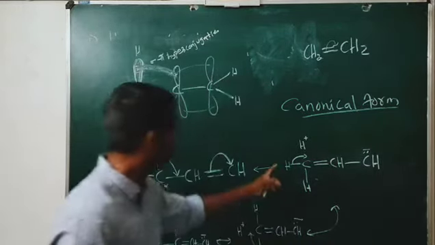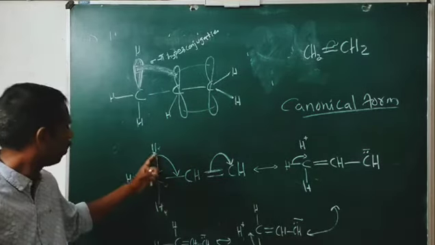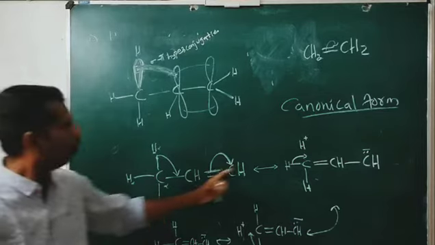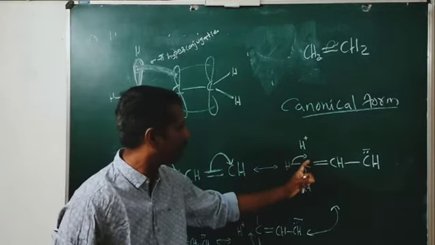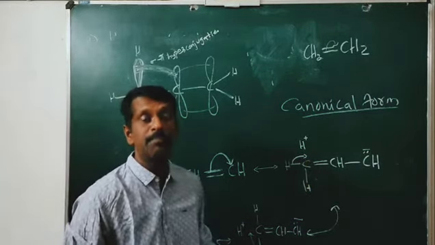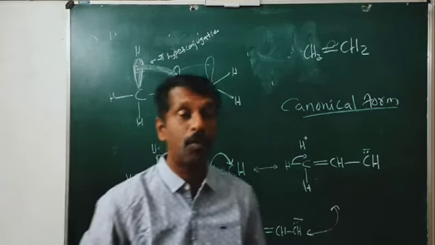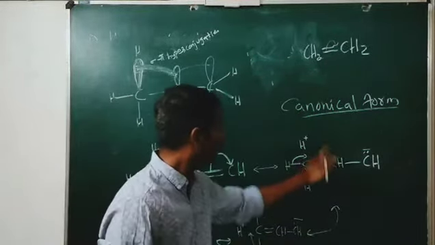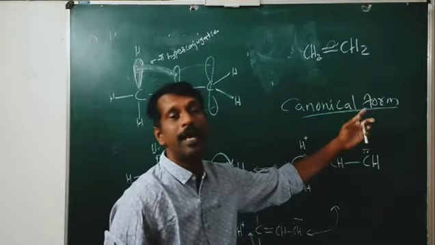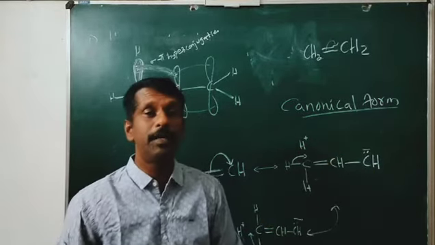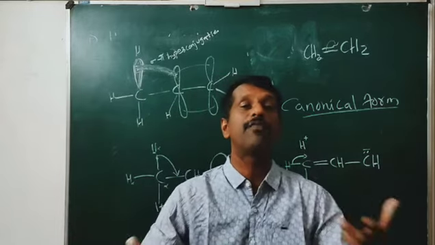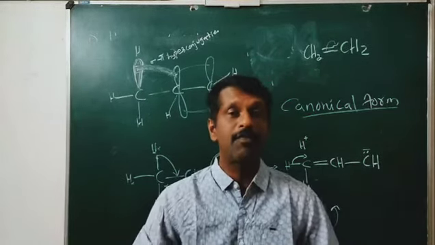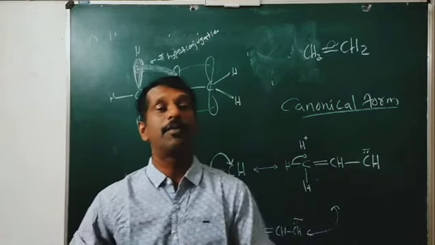How many alpha carbon atoms are there? 3 alpha carbon atoms are there. The more the number of alpha hydrogen atoms, the more the number of canonical forms available, and the more stable the molecule will be.